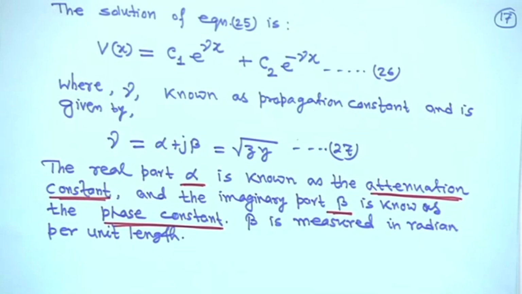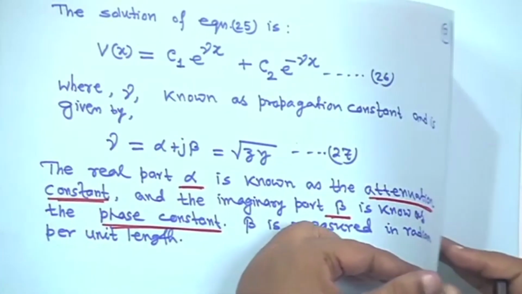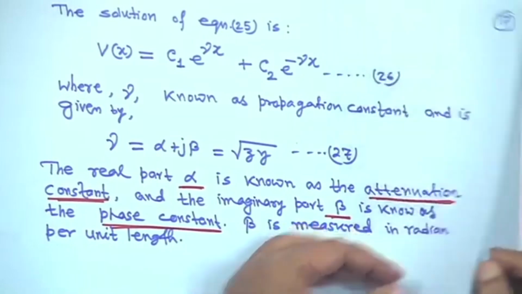Now, the real part alpha is known as the attenuation constant and the imaginary part beta is known as the phase constant, and beta is measured in radian per unit length. We will see later on alpha and beta, if a numerical comes, at that time.